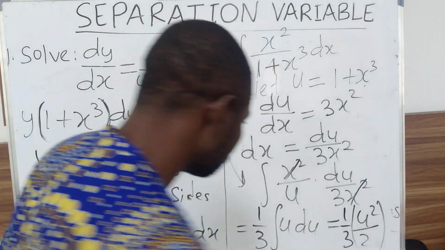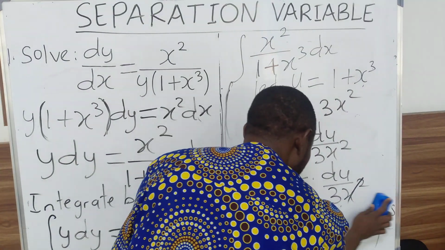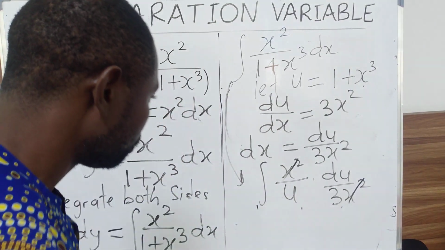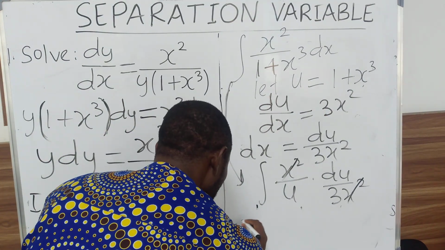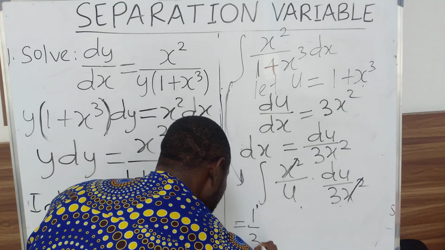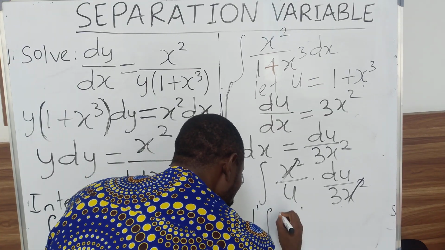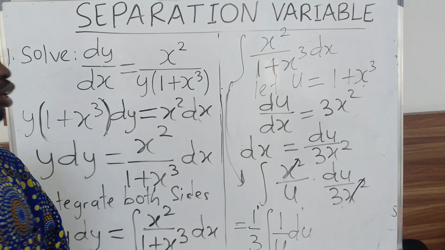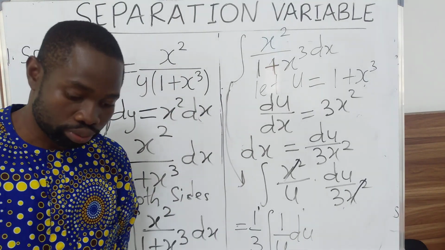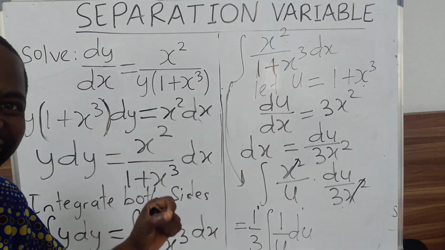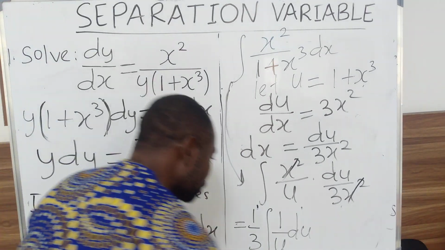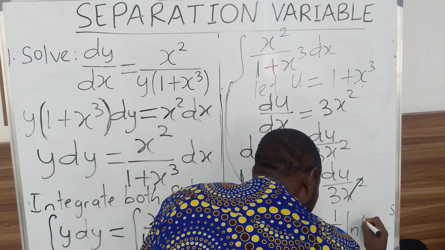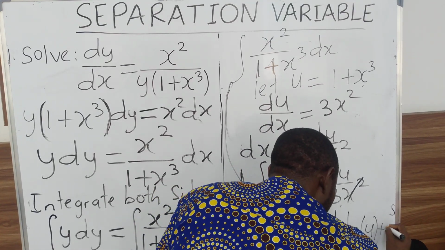Sorry, that's a mistake. This is 1 over u, not u. So this will be 1 over 3 integration of 1 over u du. Now, if we integrate 1 over u, it's going to give us ln u. So this is 1 over 3 ln u plus c.